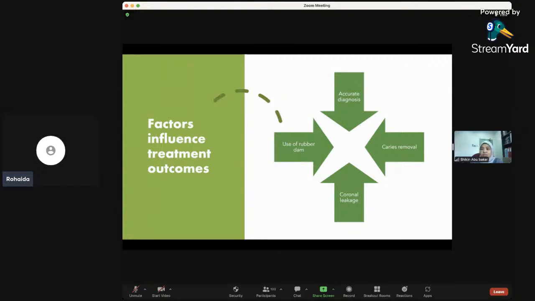Yes, sometimes you get a patient that is a bit difficult, so we really have to inform the parents that the longevity of the treatment might be compromised. Then coronal leakage, which always goes back to your coronal seal. And also caries removal: you have to make sure that you do a proper caries removal.